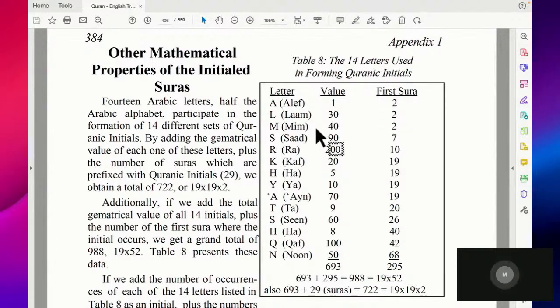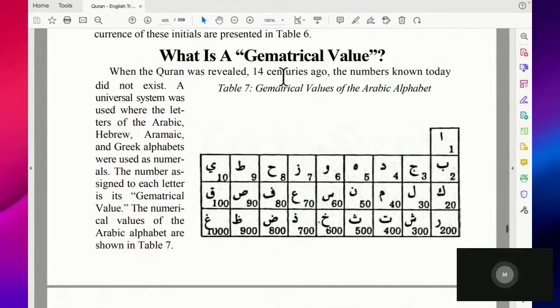There are 29 surahs in the Quran which are initialed with some Arabic letters, right? For example, Surah 2 is prefixed with Alif Lam Mim, ALM. Or Surah 68 is prefixed with Noon, or N. There is something in Arabic and other languages in the world as well called the geometrical value, or in Arabic, the abjad value.